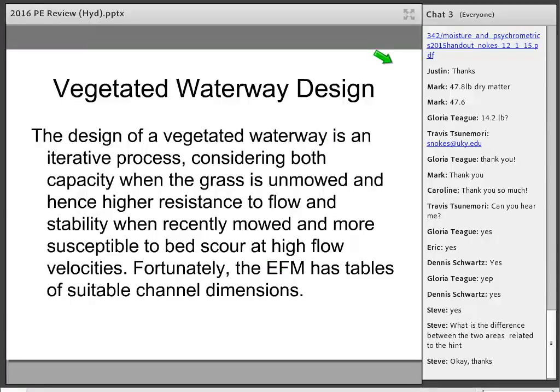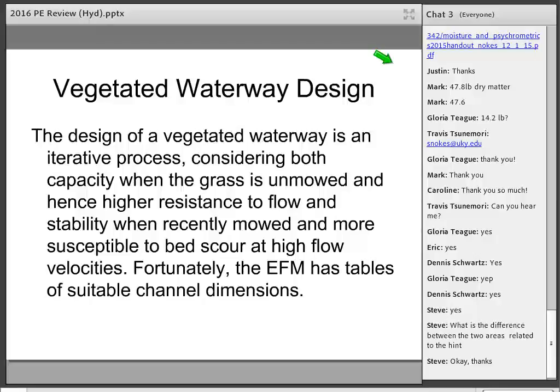Okay, vegetated waterway design. This is the last part of this particular presentation. It's an iterative process. Think about a vegetated waterway for a second. Essentially, it's an open channel which has a change of roughness depending upon whether the grass is unmowed or mowed.